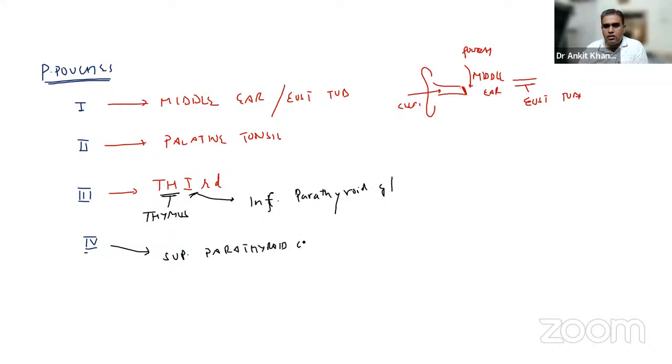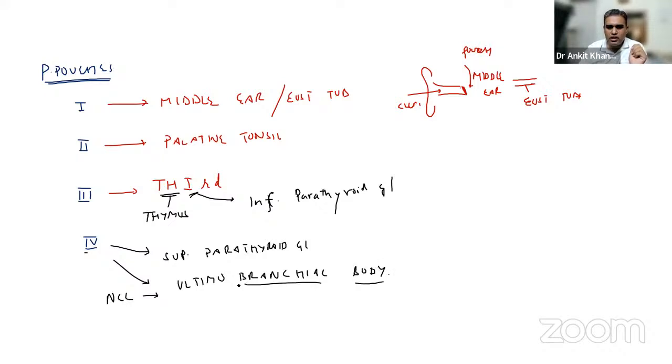Superior parathyroid gland. Along with it, as I told you in the beginning, there is a lot of contribution from the neural crest cells. So in the fourth pouch, the neural crest cells come and form a particular group of cells that is given a special name, known as the ultimobranchial body. Don't worry about the name, guys.